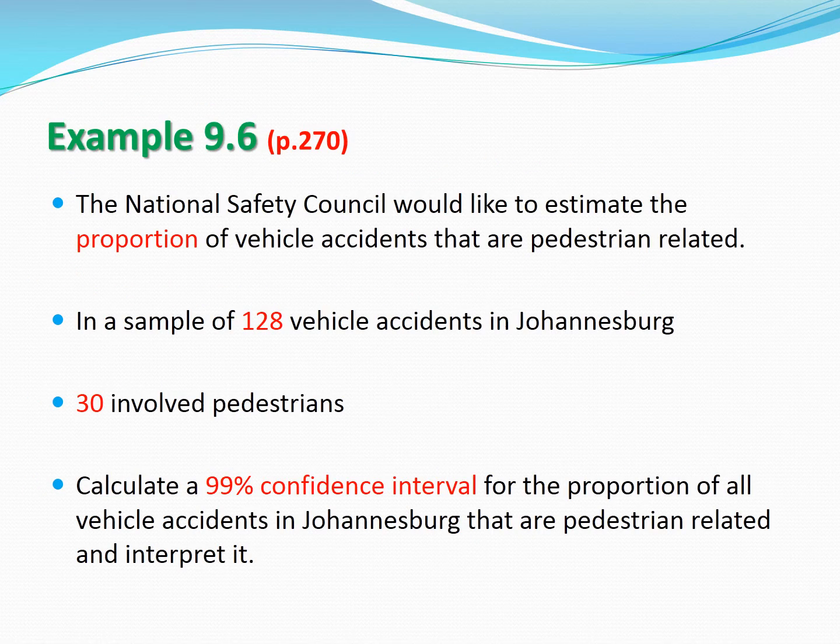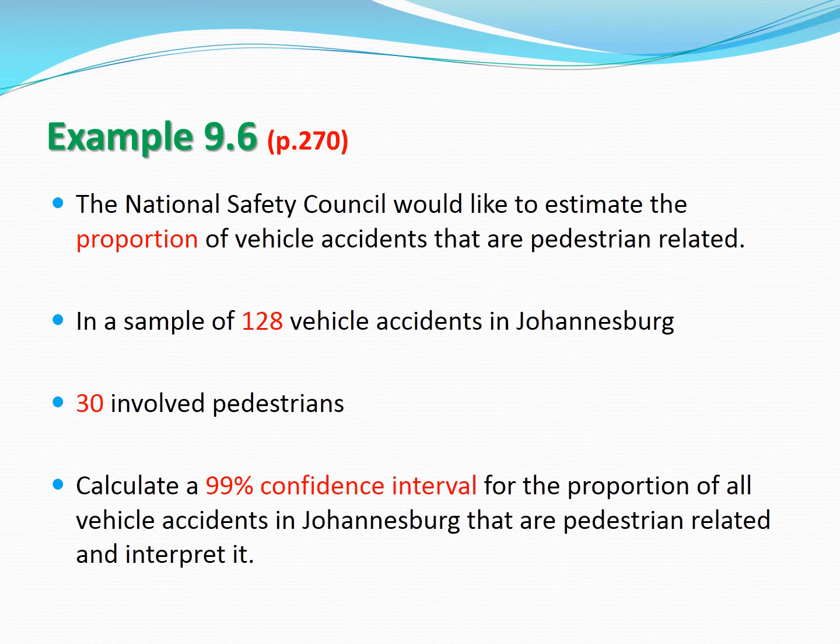In example 9.6, they tell you the National Safety Council would like to estimate the proportion of vehicle accidents that are pedestrian related in a sample of 128 vehicle accidents in Johannesburg. So that means that our sample size N is 128, 30 involve pedestrians.